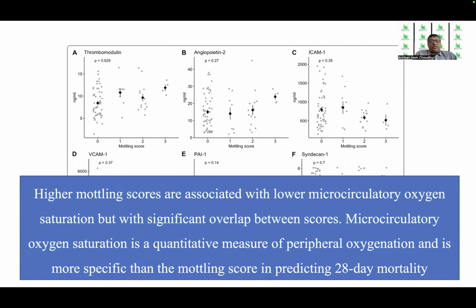Microcirculatory oxygen saturation is a quantitative measure of the peripheral oxygenation and is more specific than the mottling score in predicting 28-day mortality. But yet, mottling score undoubtedly improved the risk prognostication of the patients who apparently had a normal blood pressure and were being resuscitated.